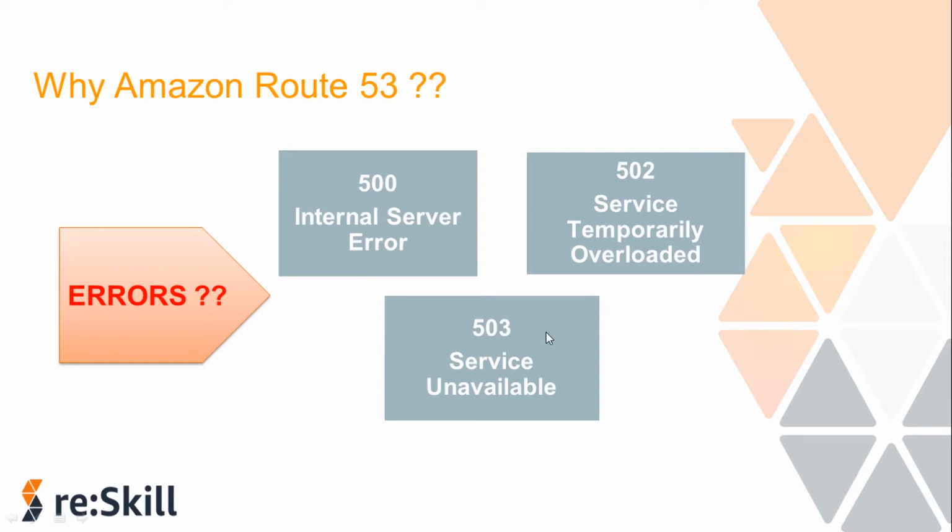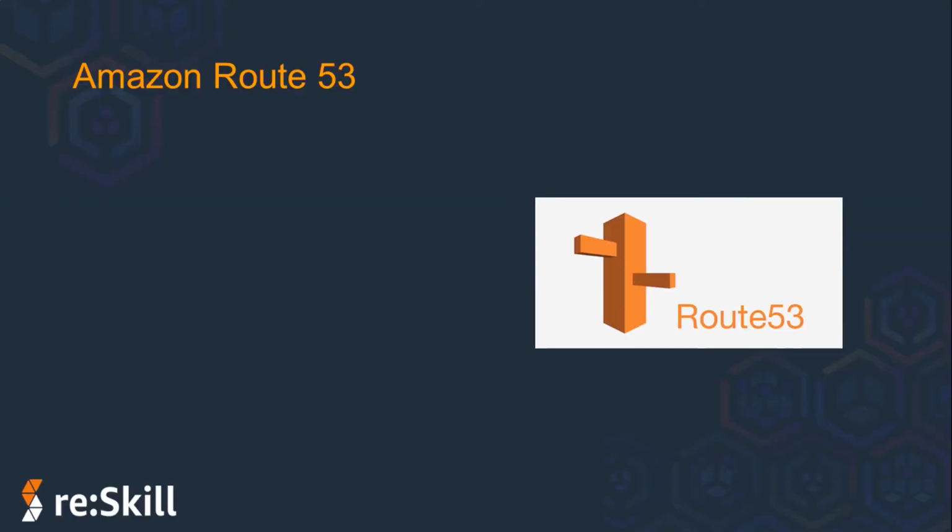So the thing is that we do not get the proper information, the errors cannot be resolved, they cannot be handled, because this is what we have configured. Okay, but what if we want a better solution? Then we need to have a proper DNS service, and here comes Amazon Route 53 for that purpose.